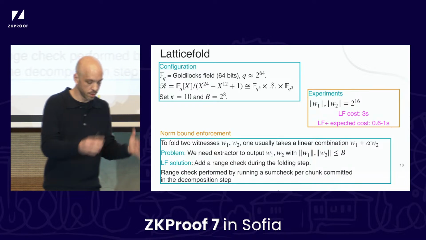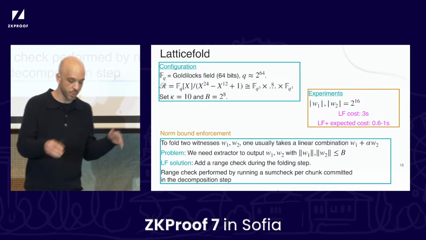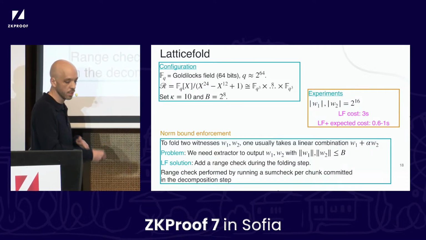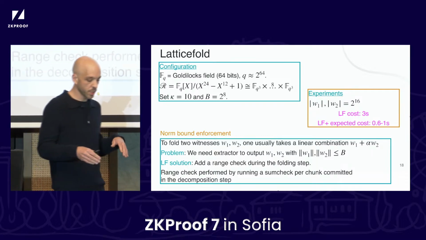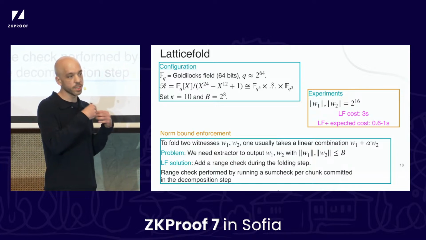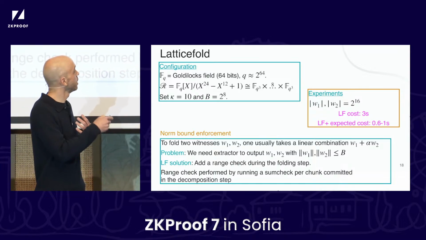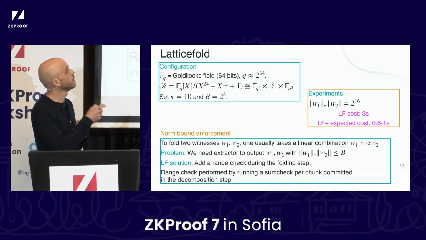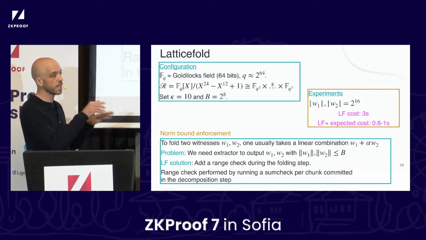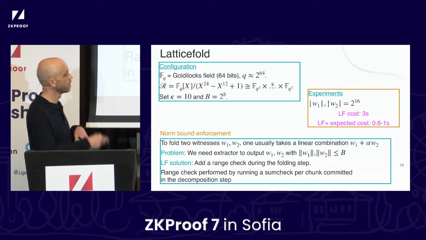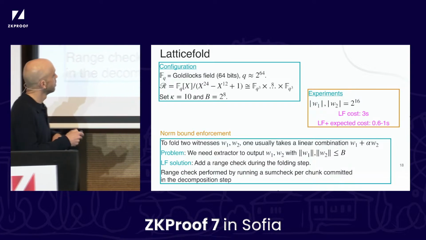The main contribution of LatticeFold Plus, in my opinion, is a new way to add a range check during the folding step, which is much cheaper. First, it requires running as many sum checks as the degree of this quotient polynomial, but the sum checks happen over the field, over FQ, not over the ring.